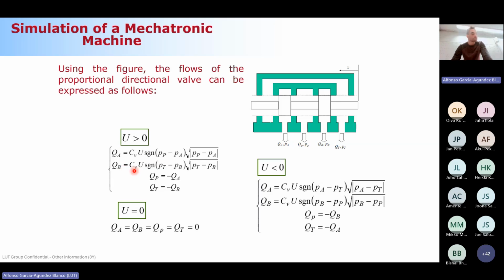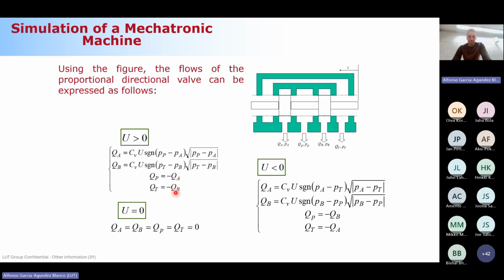Basically, you would have the constant times U, but now we have to take into account the sign of PT minus PV, and in the square root, the absolute value, what we put is the pressures of the control volumes that are connected. So basically, the tank with the V. Okay? Clear? Yes? Perfect. And of course, by continuity, if QP is going into QA, QP is equal to minus QA, and QT is equal to minus QB.